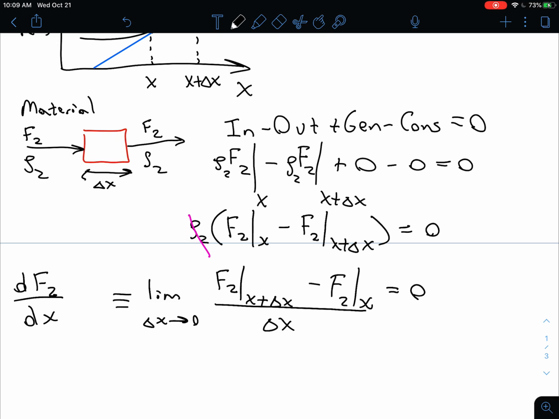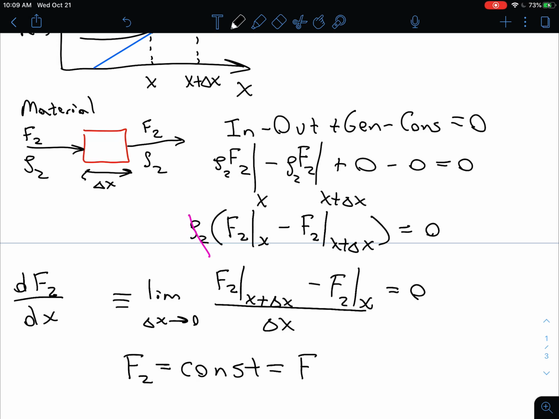dF2/dx equals 0. So this is a differential equation, right? It's actually very easy to see what the solution to this differential equation is. And that solution is just that F2 equals a constant.